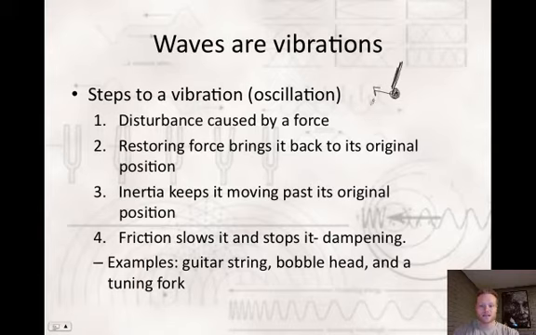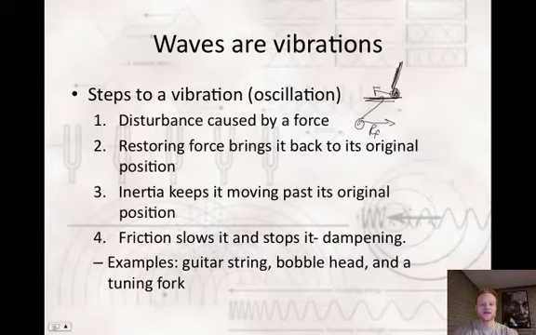As we probably know on Earth, if that pendulum is hanging from, say, the ceiling, it's going to be brought back to its original position by what is called the restoring force, which I'll abbreviate with RF. The restoring force brings it back to its original position.